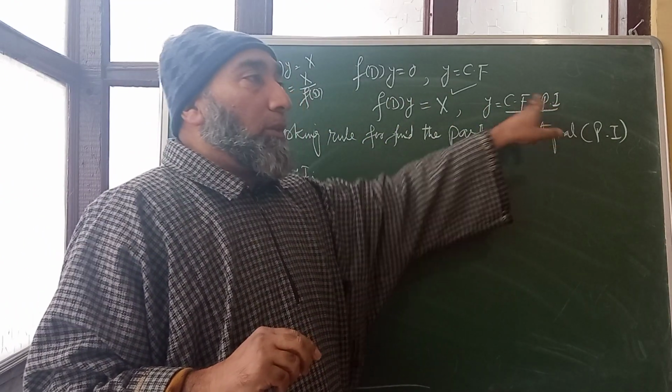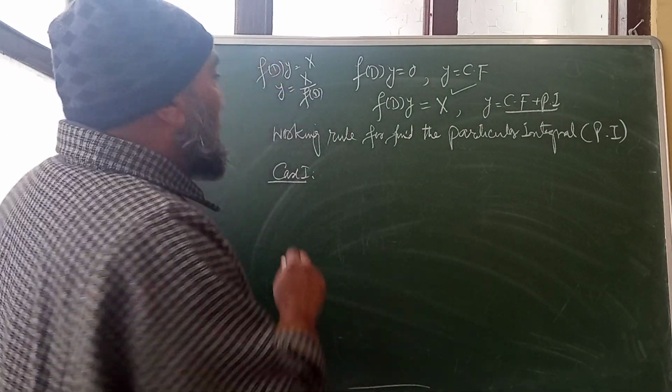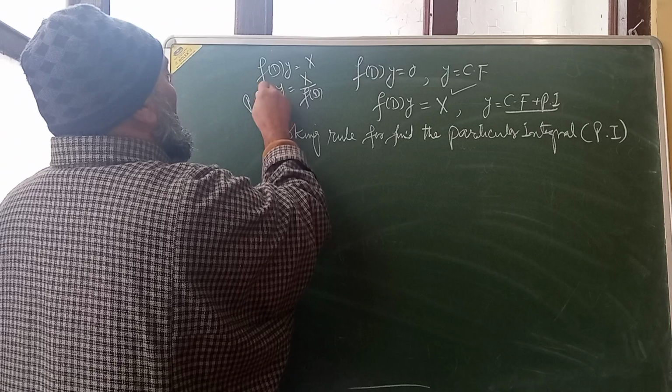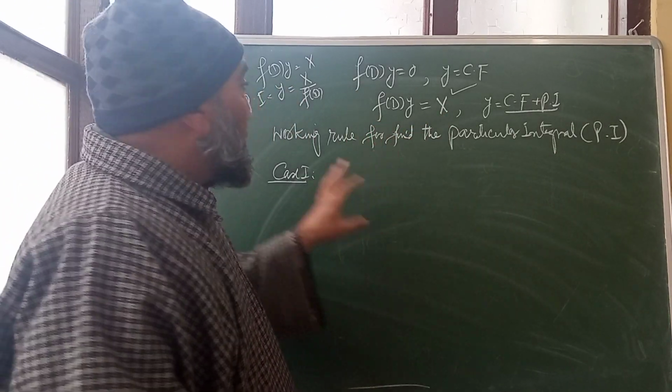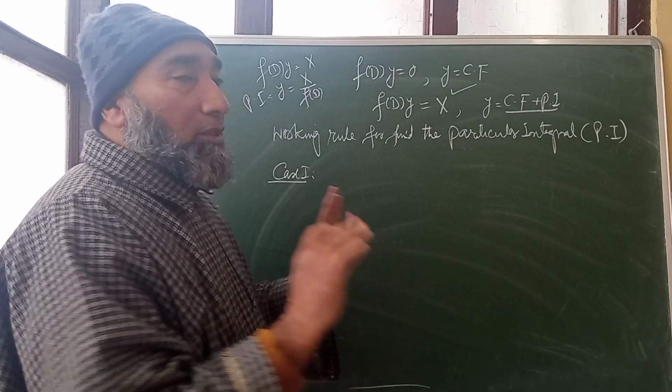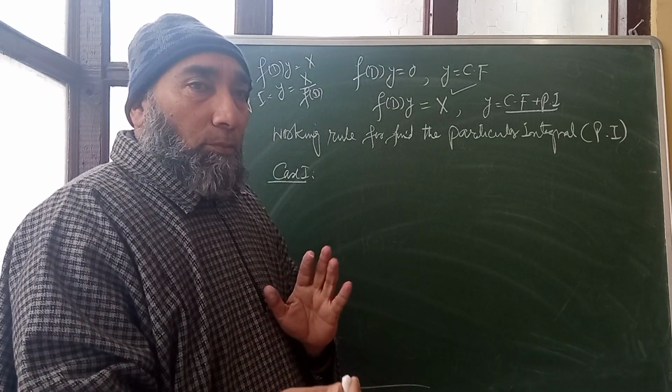The complete solution is PI plus CF. But here y is X upon f(D), and this y is known as the particular integral. So the particular integral is always X upon f(D). But as you have seen, this is not the complete solution. We have to find both the complementary function as well as the particular integral.